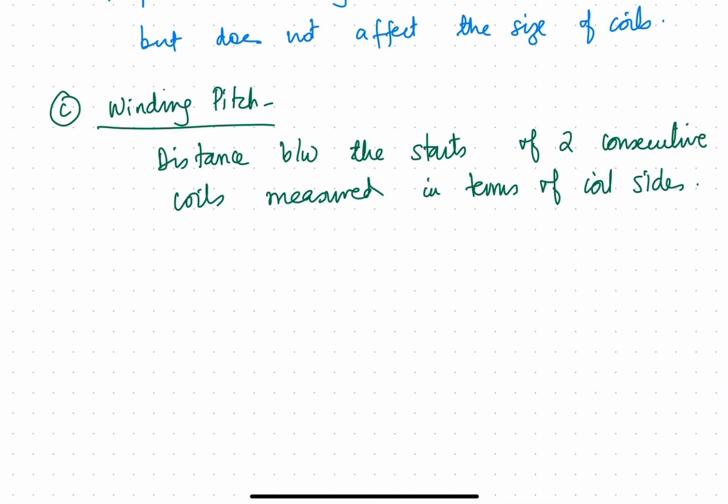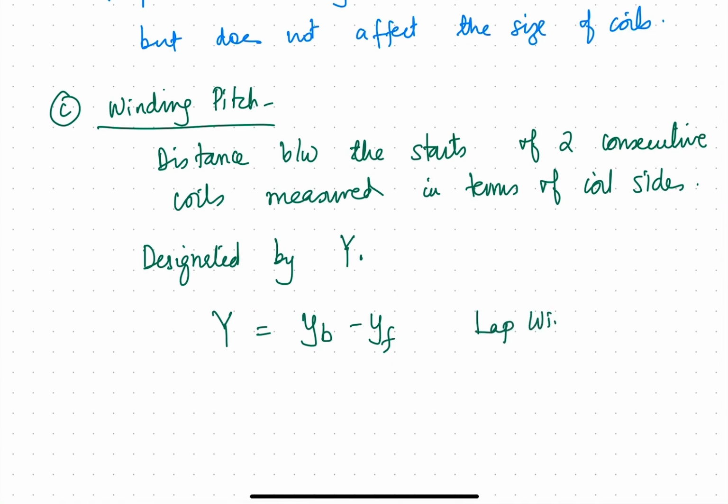as the winding pitch, and it is designated by a capital Y. Okay, so this capital Y is equal to YB minus YF for a lap winding, and it is equal to YB plus YF for the wave winding.